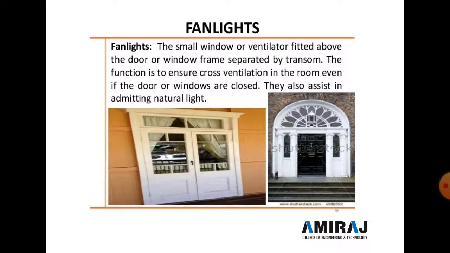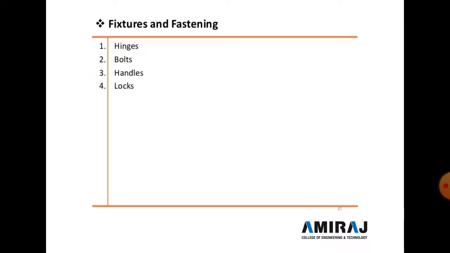In this photo you can see that above the opening, the door or window, this type of fan light is provided. So we get light and ventilation from the upper part when the building's door and window are closed.